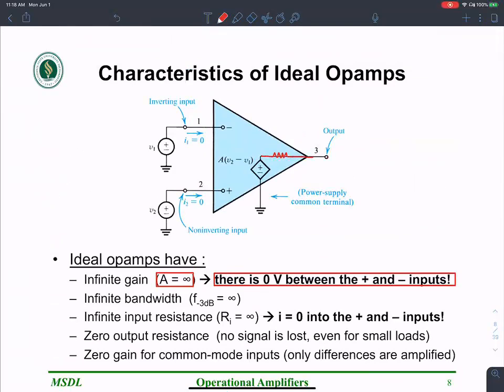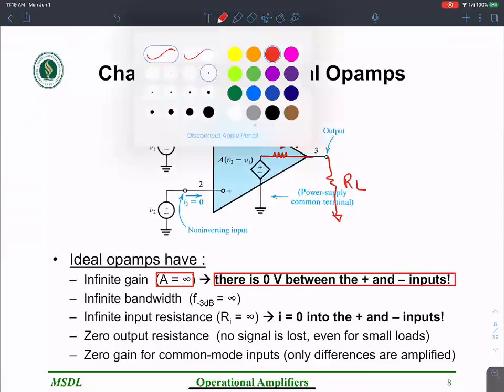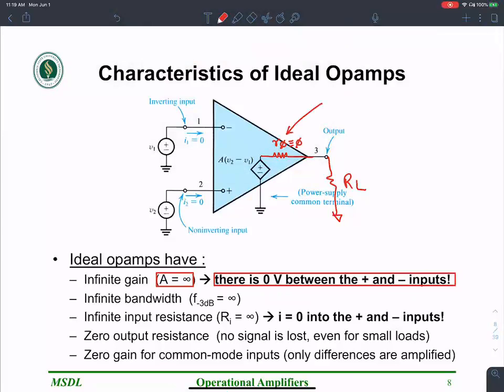Oh, there is output. I can connect a load here, RL. Just that the fact is R0 is assumed to be 0. Does that make sense? So if we talk about in terms of the example that we discussed earlier, remember there is a commission resistance and then the cash out resistance.